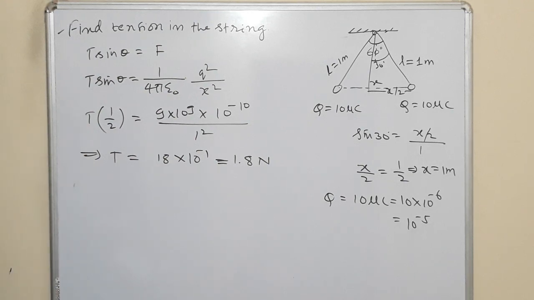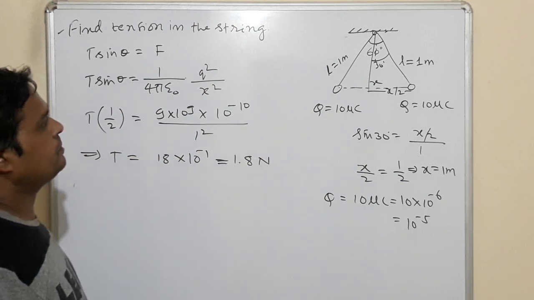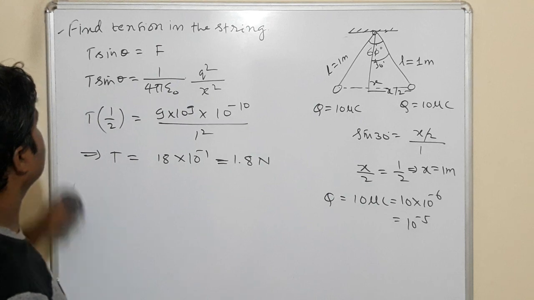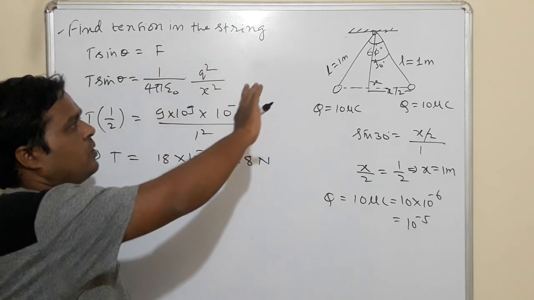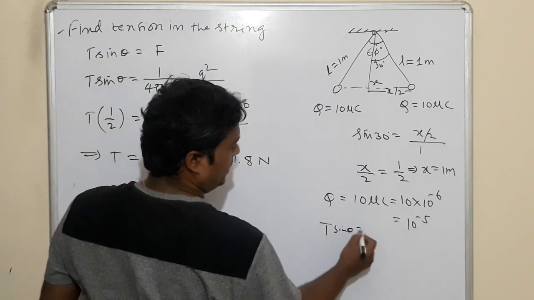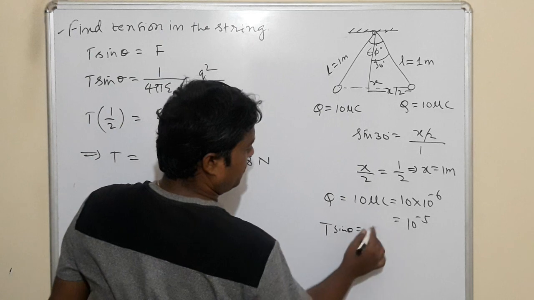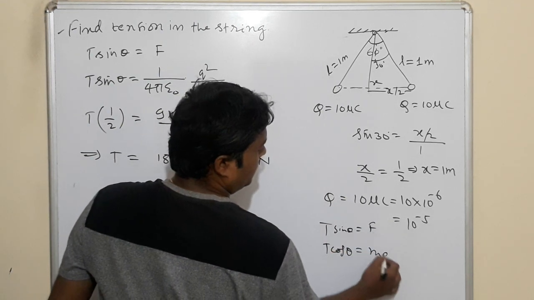Follow this. This is how we can find the tension. If both are given, F is also there, mg is also there, then you can find tension. T sin theta is equal to F, and T cos theta is equal to mg.